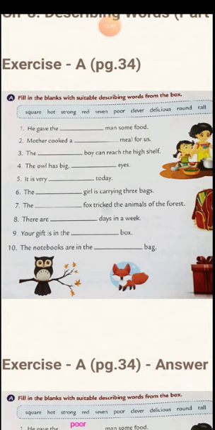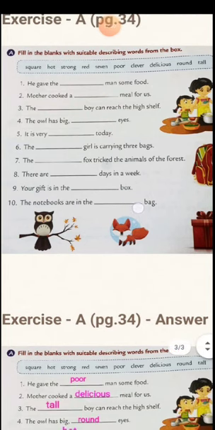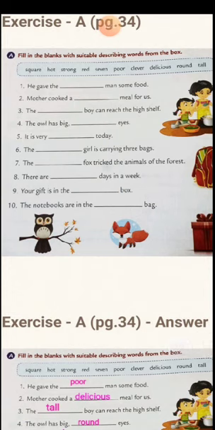Number 7, the dash fox tricked the animals of the forest. Who tricks it? One who is very smart, very clever. So here, clever, how is the fox? The quality of the fox is clever. So we use the describing word clever. Clever fox tricked the animals of the forest.